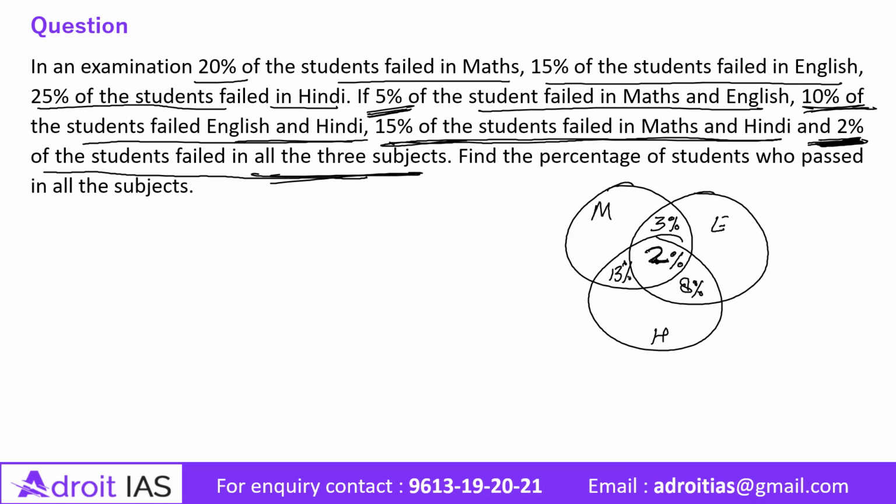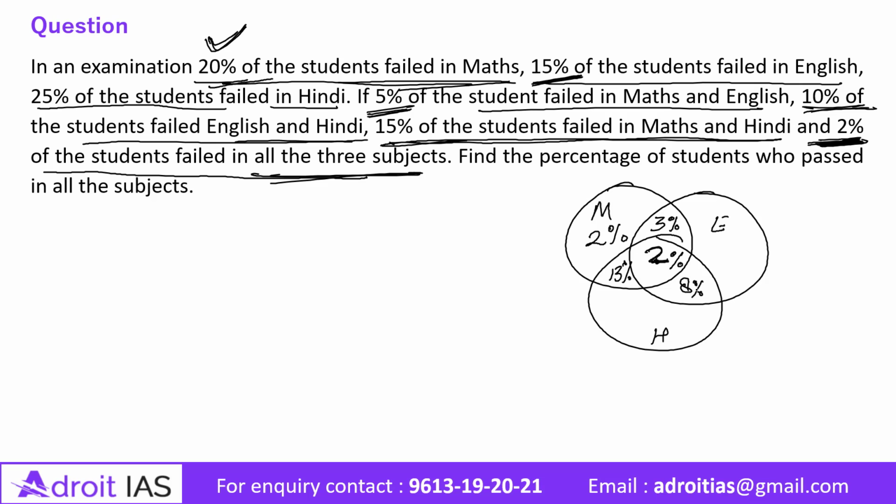Okay, fine. Now let's talk about the initial data. In an examination, 20% students failed in maths, right? So in maths, we should have 20% in total. Out of that, we have 18% over here. So we are left with 2%, right? Now English, we should be having 15% in this oval.